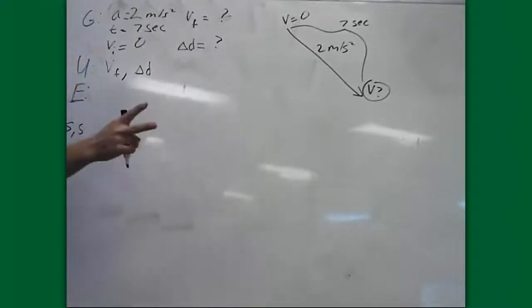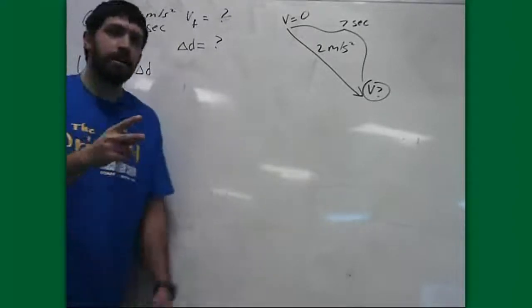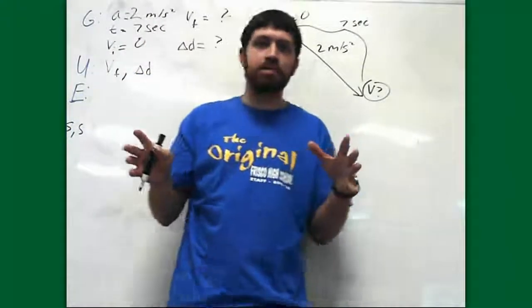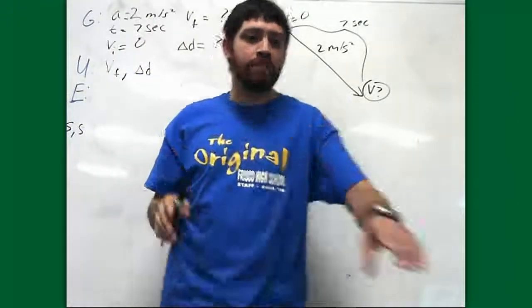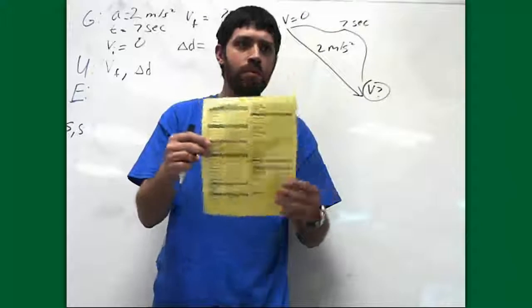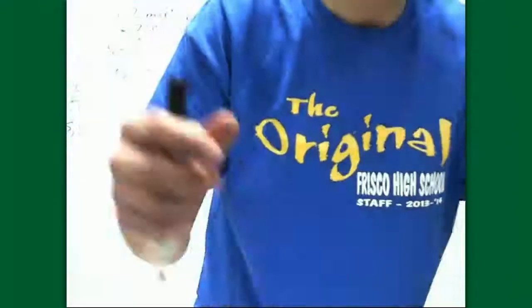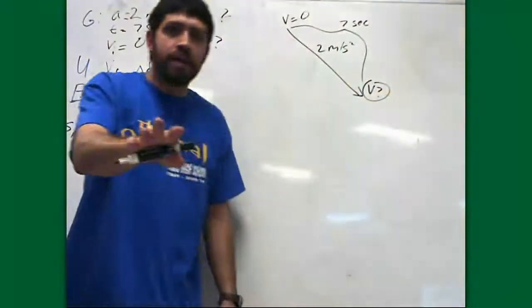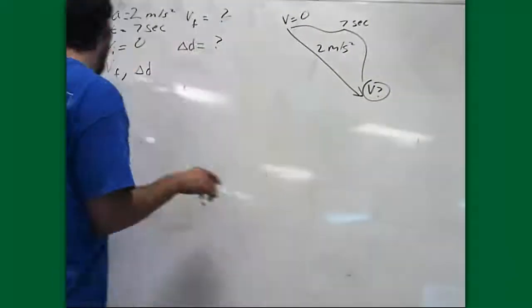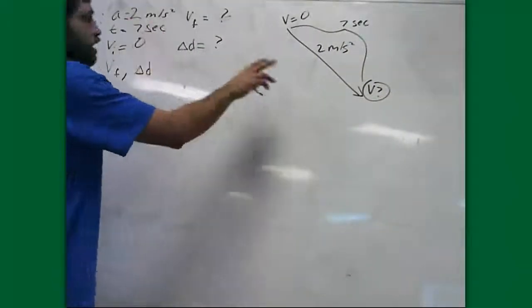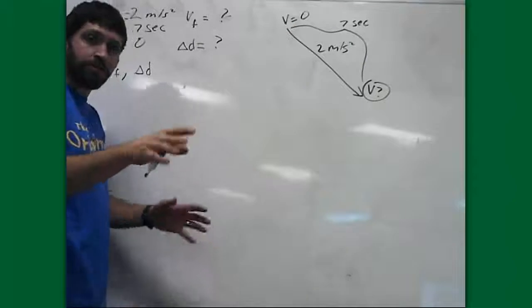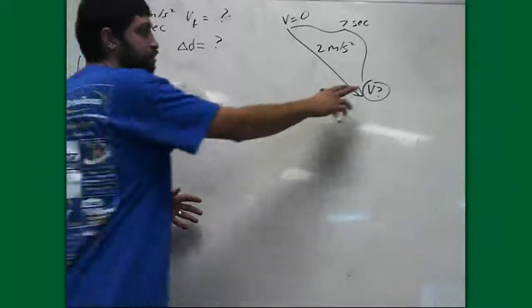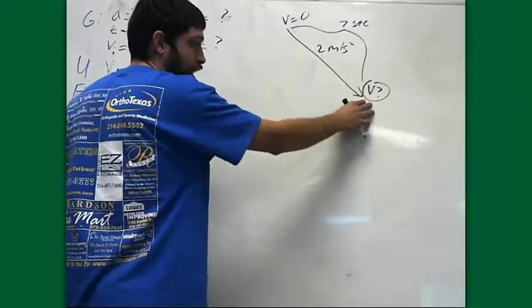So now I have two unknowns, and if you remember right, let's talk about how we pick an equation if we have two unknowns. You have your equation sheet here, okay, and you have to look at it. Maybe you can see this. You have to look under the equations of constant acceleration 4 through 7. I know that's not focused, but you need to find an equation that has the one that you want, and not the one that you don't want. So the question is, what is the problem asking for? We know that they want the velocity at the end.